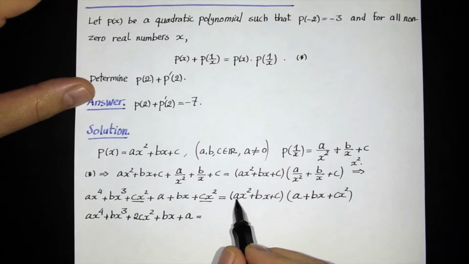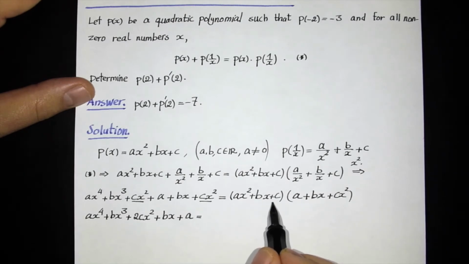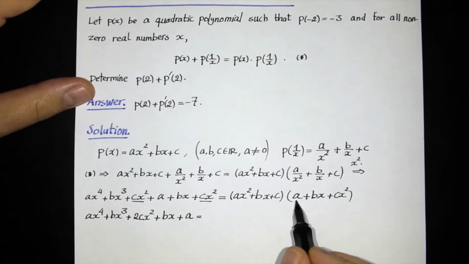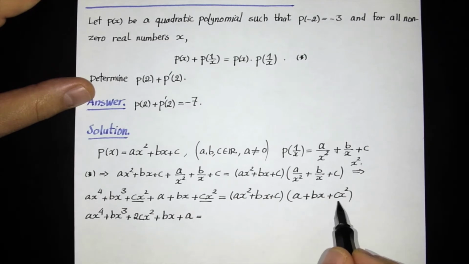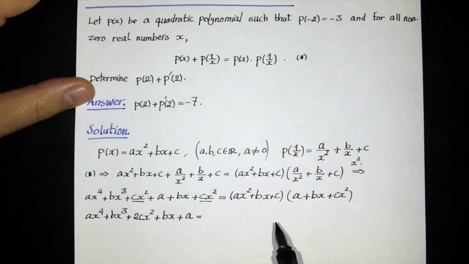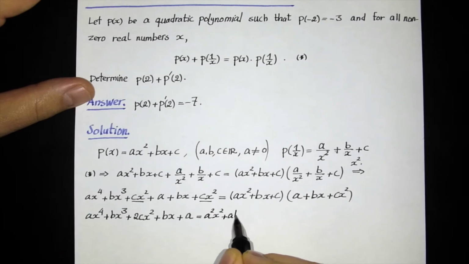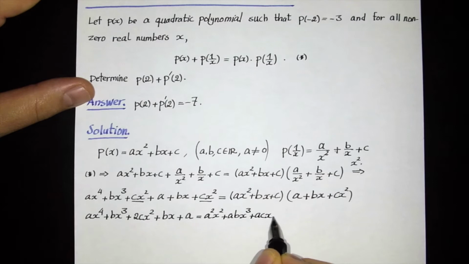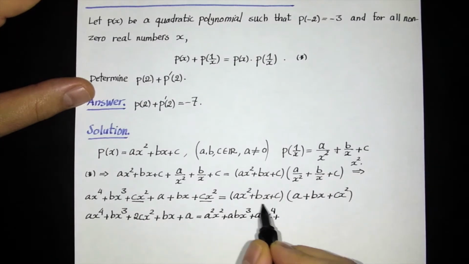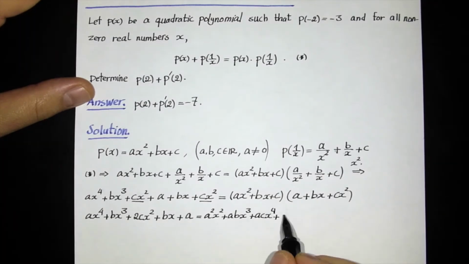So I multiply each term of the left pair of brackets to each term of the right hand side brackets. So this becomes a squared x squared, the next one becomes abx cubed, the next one becomes acx to the 4, and then I go to the next term here, bx, I multiply it here, it becomes abx.